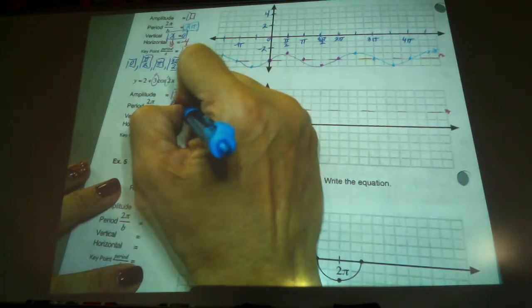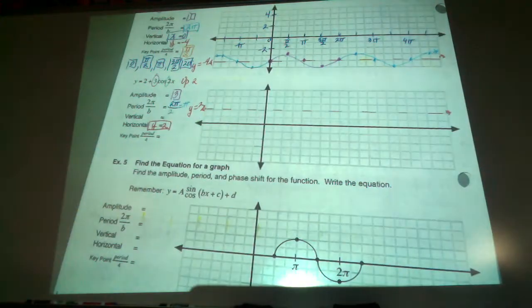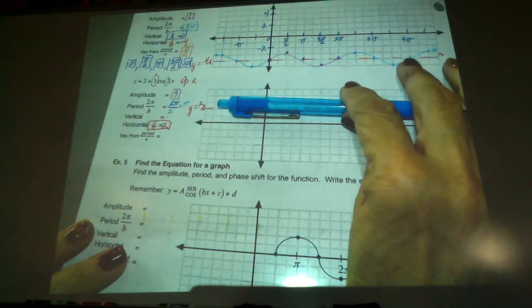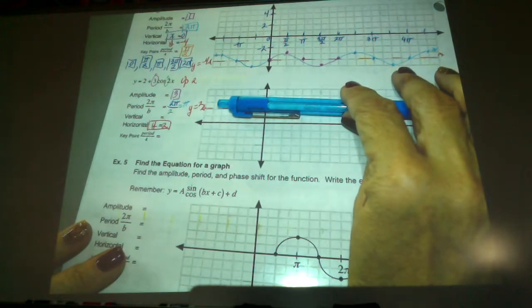Pi. So let's talk about vertical and horizontal shrinks. We have a vertical going on. Do we have a vertical stretch or shrink going on? Yes. Is it a stretch or a shrink? It is a stretch of what factor? Nope. This movement up 2 is not a stretch. What is the stretch? 3.